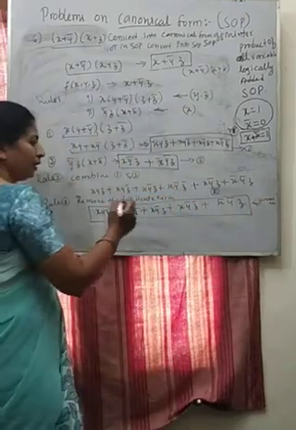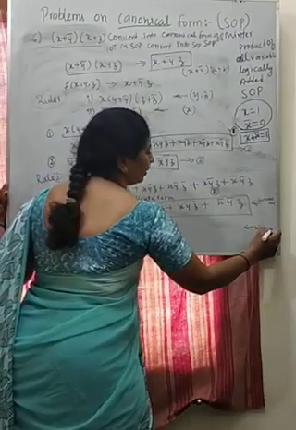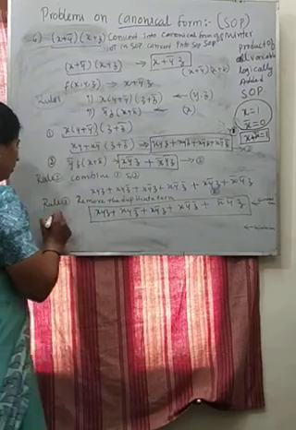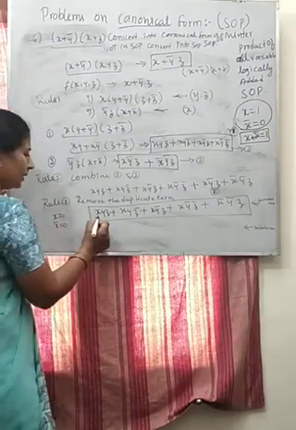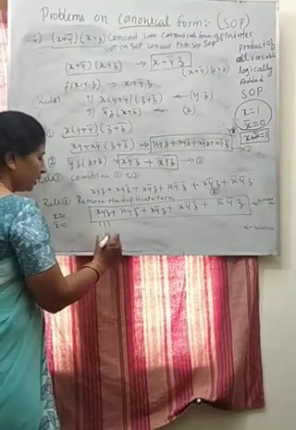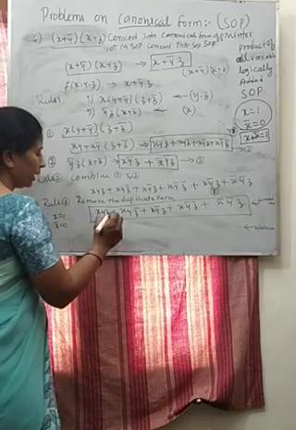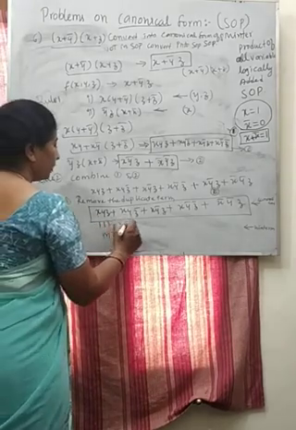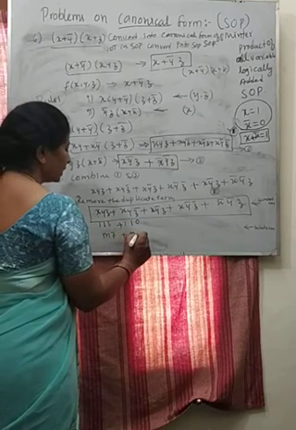Then write that into the min-term form. Before writing the min-term, x means 1, x complement means 0. This is x, right? That is uncomplemented: 1, 1, 1. With weights 4, 2, 1, that means 4 plus 2 plus 1, m7. Then here 1, 1, 0, that means 4 plus 2, which is 6.